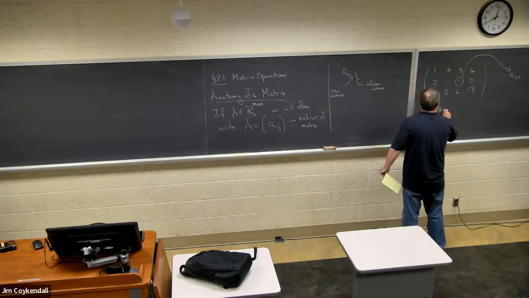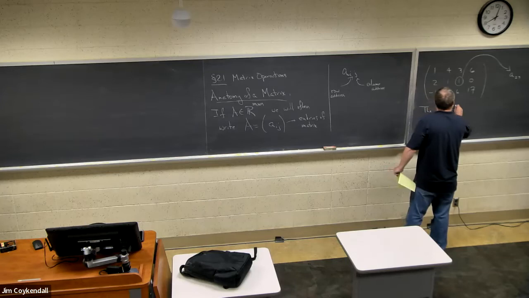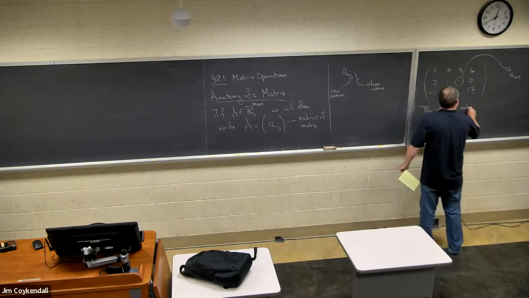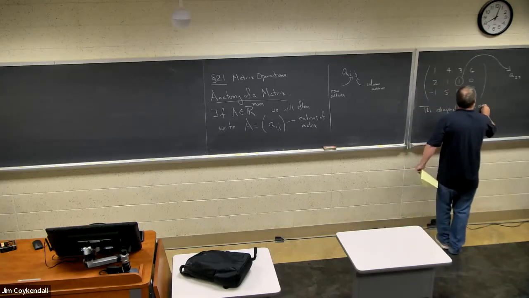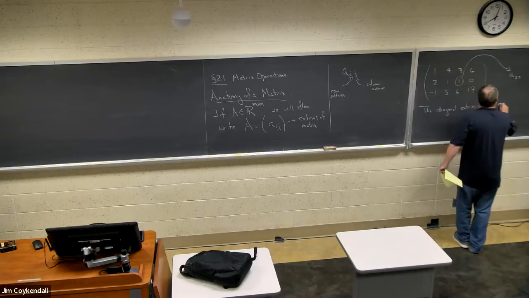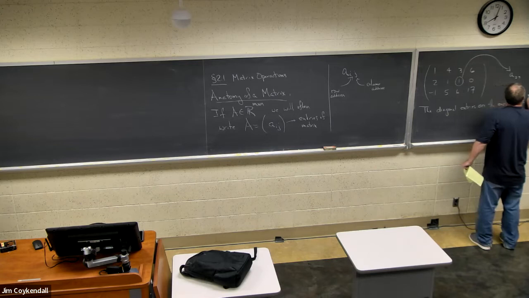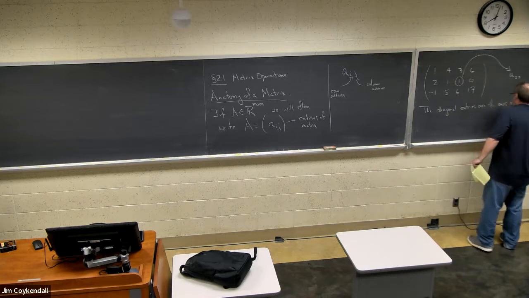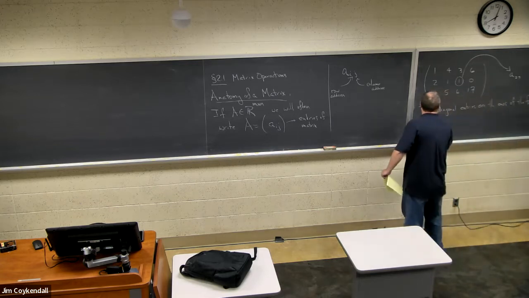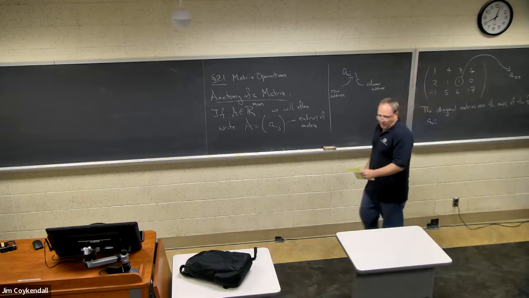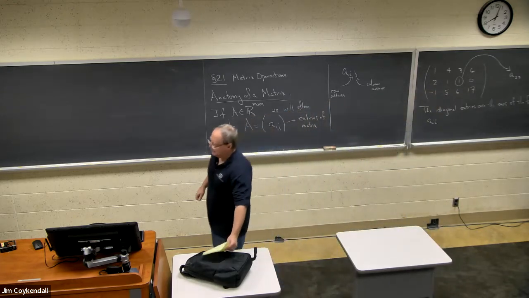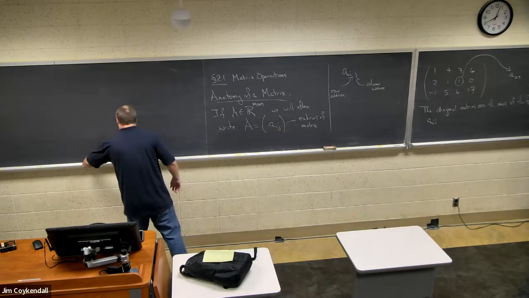The diagonal entries are the ones where both the row address and column address have the same numbers, right?